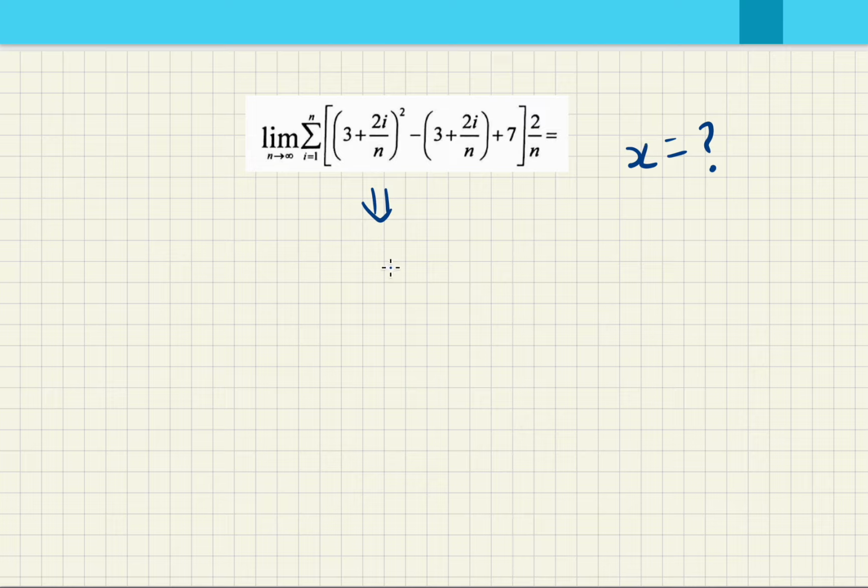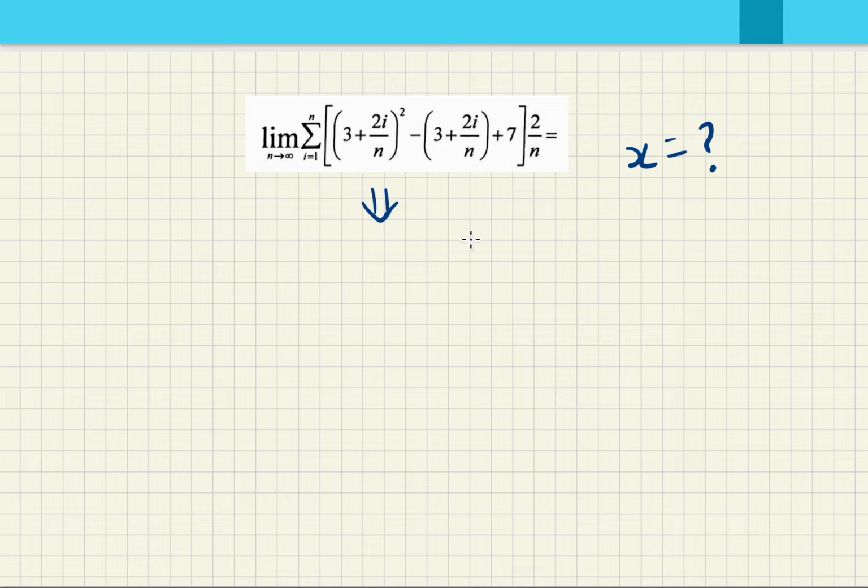So the first thing that you should look for is the x value. A neat way to find out what your x value is: see if any terms are repeated, or if any group of terms are repeated. And in this limit, we can see that 3 plus 2i over n is repeated twice.